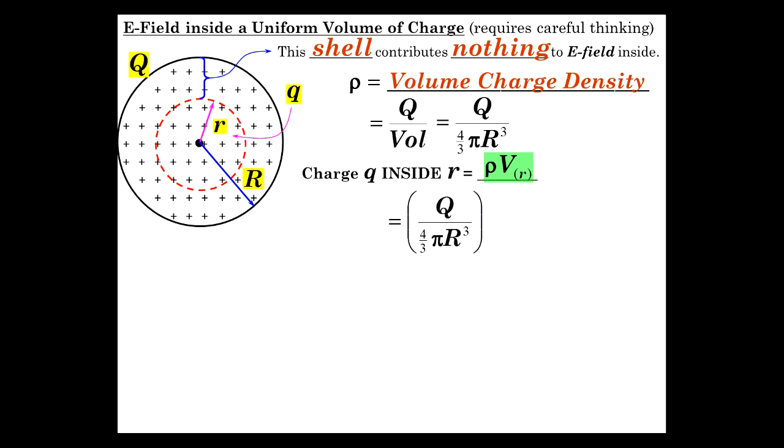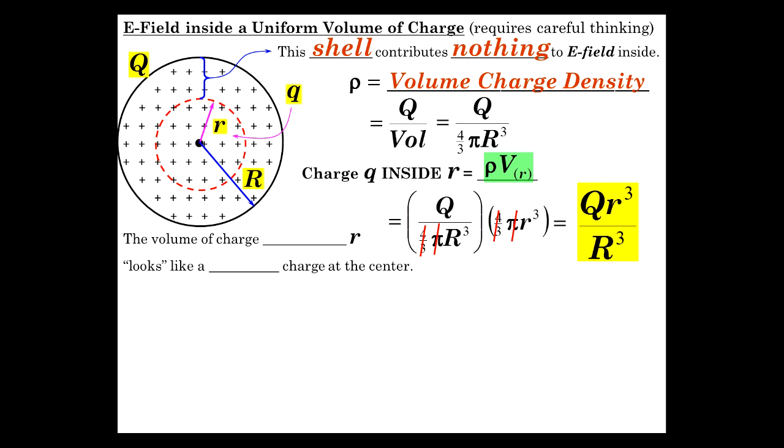Well, the volume of sphere little r is just 4/3 pi little r cubed. And so putting that together, we have some cancellation. The constants go away, and we have Q little r cubed over big R cubed. So that is the amount of charge bounded by this sphere of radius r.